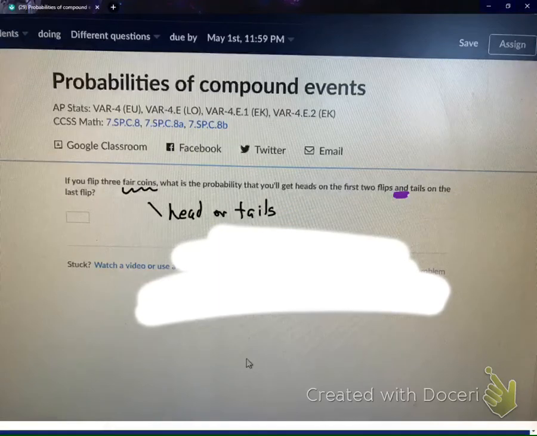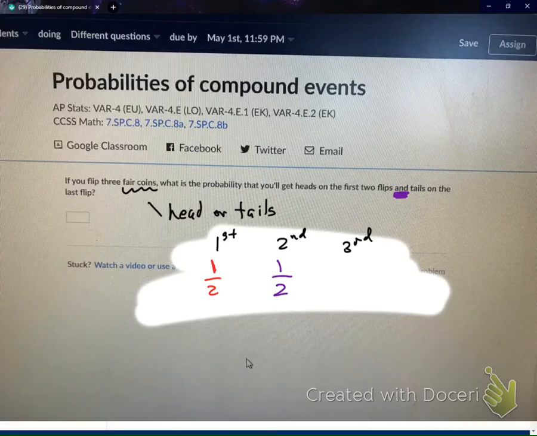So I've got a first one, a second one, and a third one. And for the first 2, we want heads. Well, that's 1 heads out of 2 sides. And the second one is also 1 heads out of 2 sides. And the third one, we want tails, but that tails is just 1 out of 2 sides again.